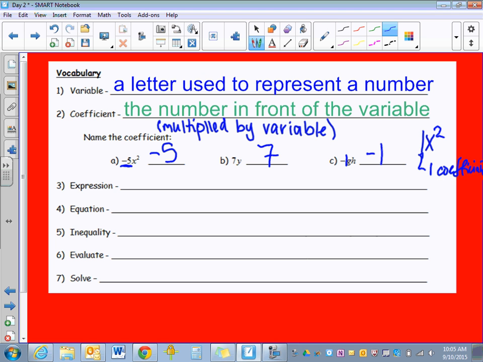All right, so now we have what's called an expression and an equation. And students oftentimes get these confused with one another, and it's actually really important that you know the difference between the two. Because when you read the instructions as to what to do, it can give you a clue when you know what an expression is and what an equation is. With an equation, you'll often see the word solve.